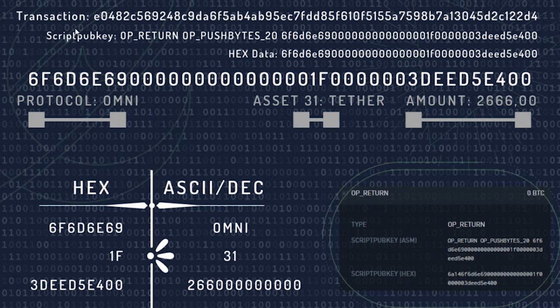Okay, the transaction that we are speaking about is transaction E0482, and it's one of the transactions in block 600,000.